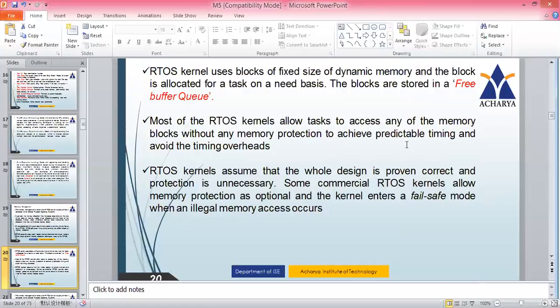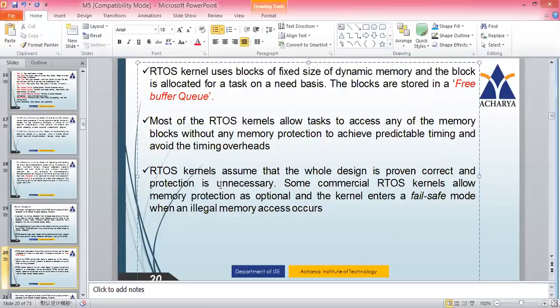So any process can access any block, just to ensure that it will not consume more time in allocation. So in this regard, there may be less memory protection. RTOS kernels assume that the whole design is proven correct and the protection is unnecessary. Here, less prominence is given to protection.